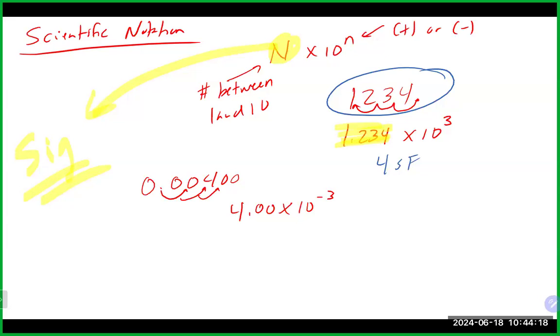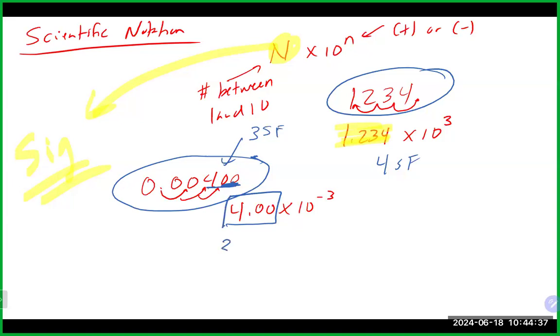You never want to lose any significant figures along the way. That is also why over here, how many significant figures does this one have? It does have 3 starting at the 4, and those 2 zeros are significant because there's a decimal point in the number. Written like this also has 3 significant figures. That is why I did not drop the zeros in this case, because if I dropped the zeros and wrote it like this, how many significant figures would it have? It would have just 1, yeah?